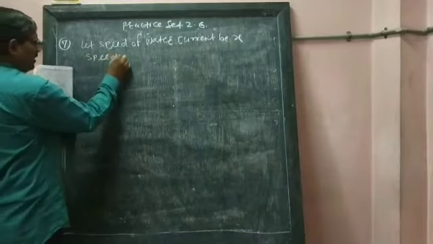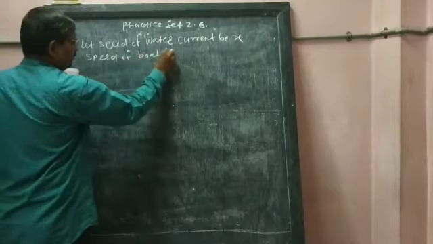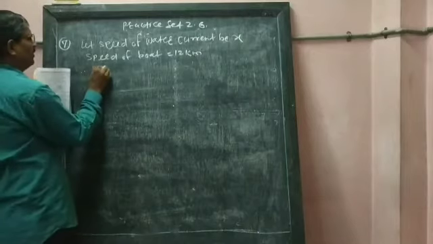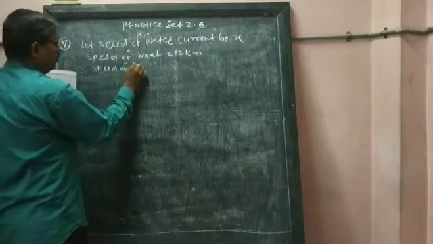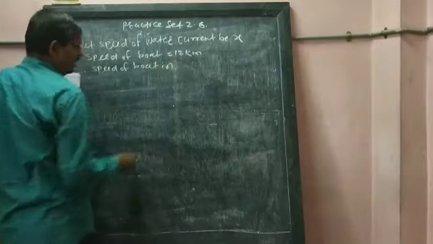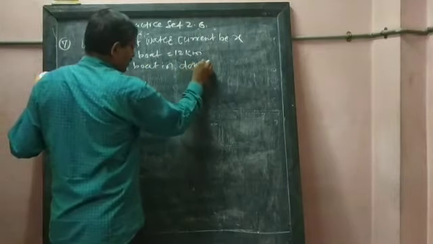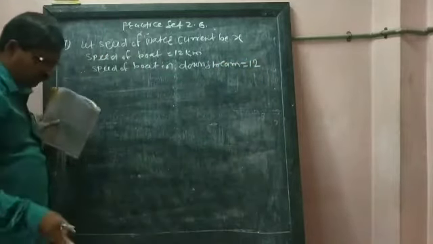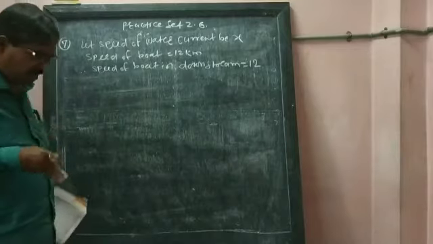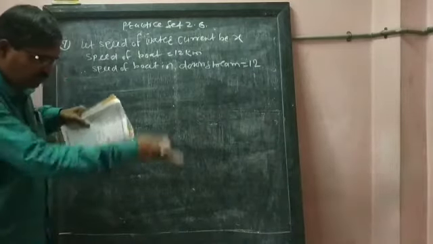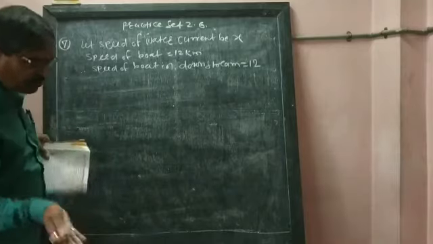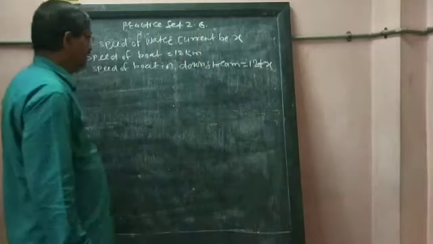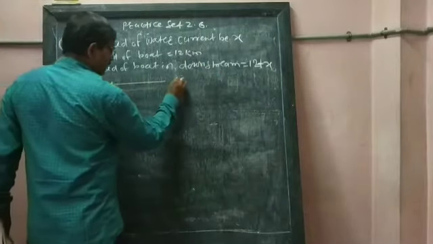Speed of boat is given, equal to 12 km. Then we should find the speed of the boat in downstream. In downstream, suppose water is from behind me and I am going in the forward direction and water is also pushing me, means my speed plus speed of water current, means 12 plus x. Now speed of boat in upstream.